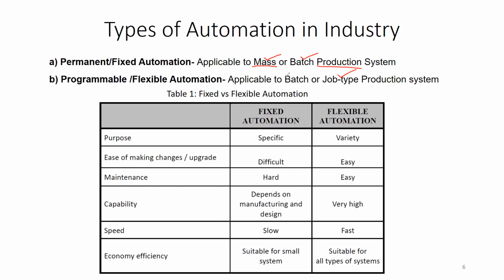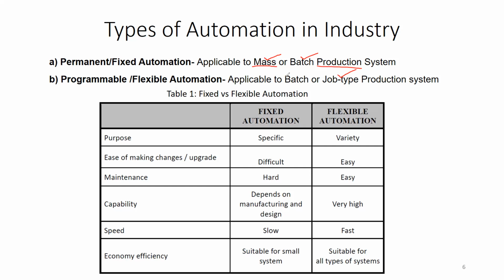In most of the industries, we are having a batch type of production system where a given product is made for some time. You can see the automotive industries also. They plan that on this assembly line or production line, a particular type of vehicle will be produced for this much time period. After that, you will change it and a new product will come that will be produced for this time period.